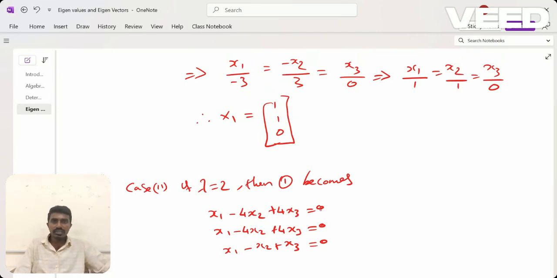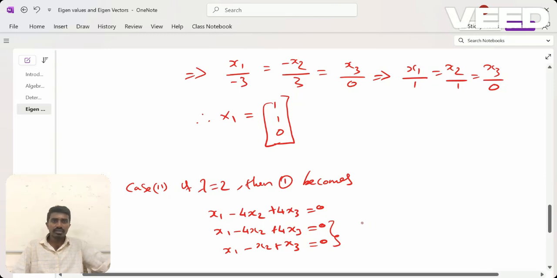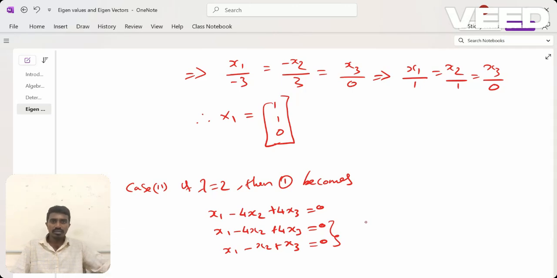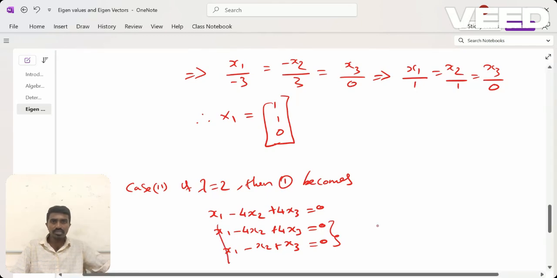Now consider two different equations. Here the first two equations are the same, so consider these two equations, then use the cross multiplication rule. So you will get the next eigenvector. First you remove the x1 column, then x1 divided by the remaining determinant is minus 4 into 1, so minus 4, and then minus 1 into 4 plus 4, which is equal to minus x2 by.